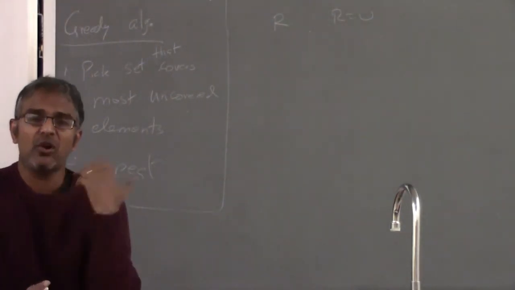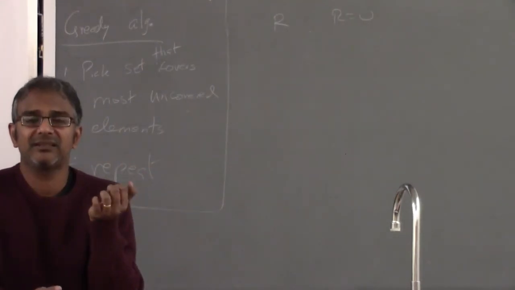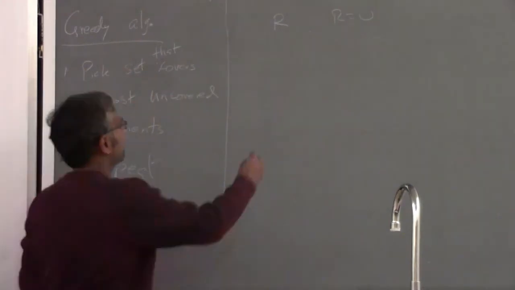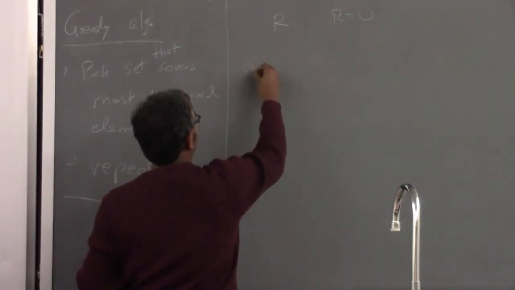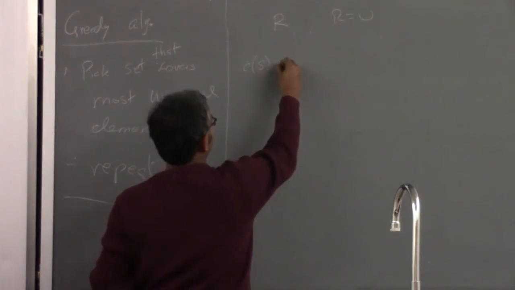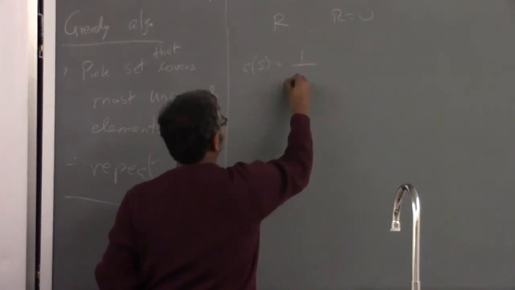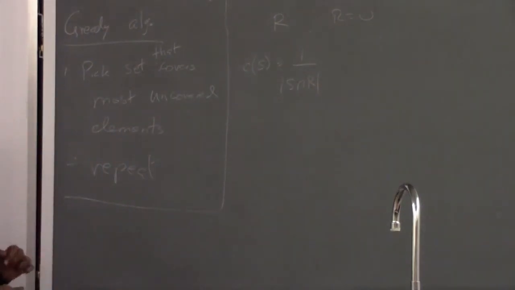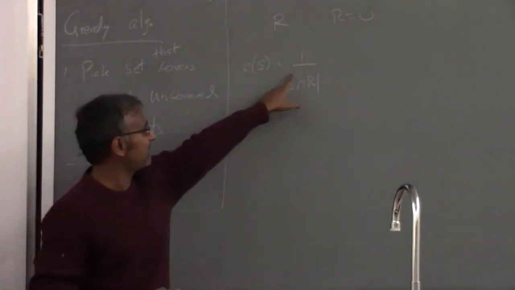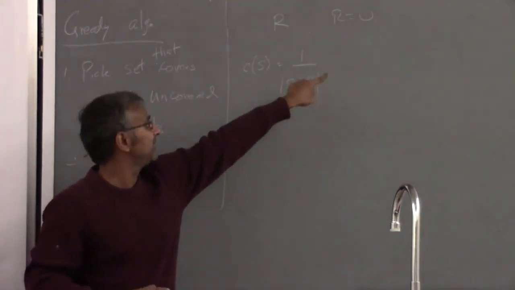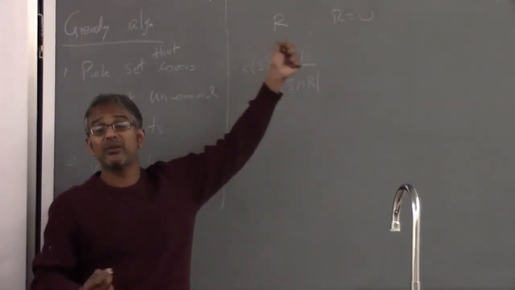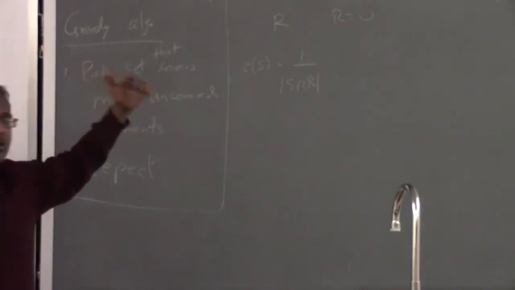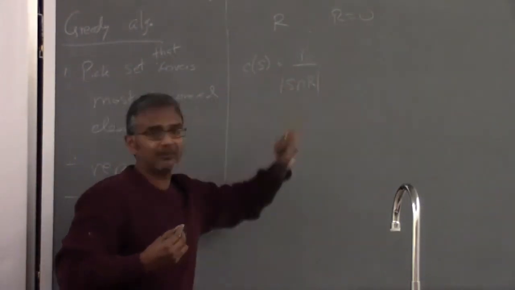So if we think of a cost assigned to a set S, at any stage in the algorithm, the cost of the set S is equal to 1 over |S intersection R|. Because if this number is large, this cost is small, and that's the one you want to pick. You're going to pick the set of minimum cost in this sense.